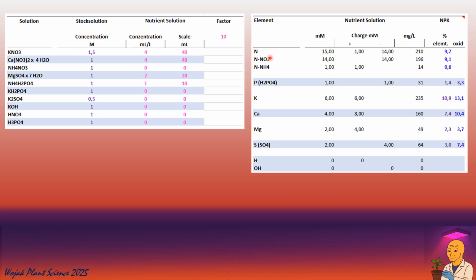So in total, our nitrate is 14 because 8 plus 6 is 14, plus 1 N that comes from the ammonium phosphate. In total, your total N is 15.